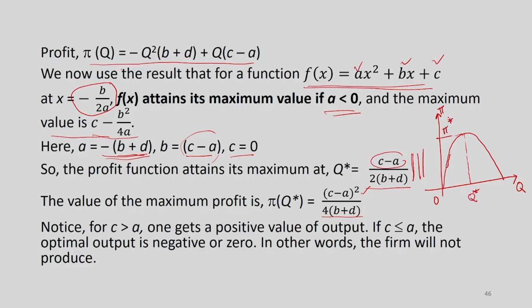Let us call that pi star. So, this is pi star and this is q star. Okay. This is the case where c is greater than a, that is necessary to have this diagram. If c is less than a, then the diagram will look like this. So, you have the output which is negative, and that is not meaningful in this particular context.